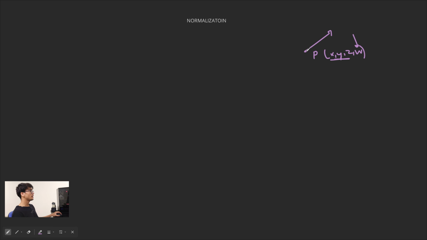I have this vector, and a vector contains two things. First, a direction. Second, its length, or we call it its magnitude. I will just write it here. We have magnitude, and I'm writing with my mouse, so you can ignore the writing.